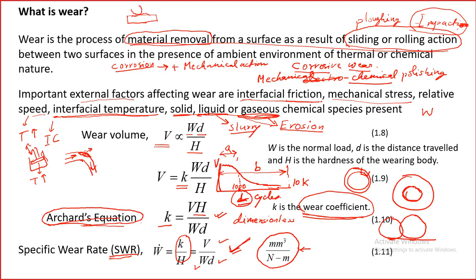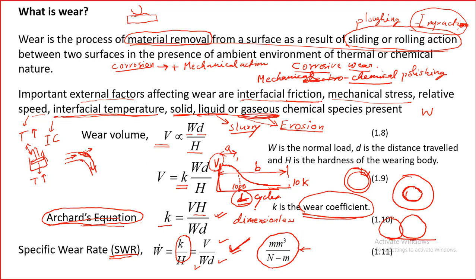So I have run something for 1000 cycles, and here I have presented V, the mass loss or volume loss. As I said, in the first few cycles, it could be hundreds or thousands of cycles, the volume of wear, the volume removal, is large, but in the next cycles the volume removal is less.